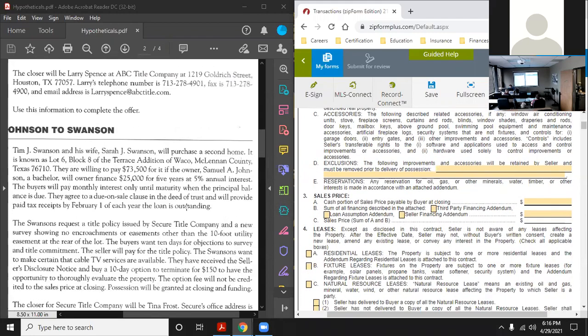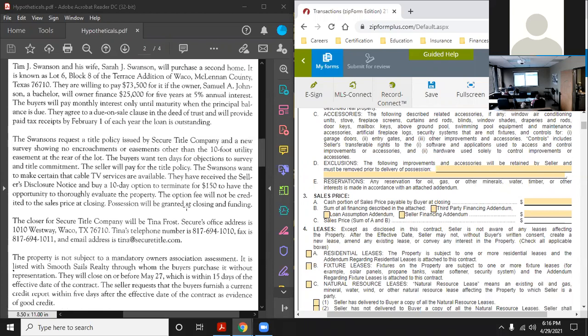All right. So there we have that. Accessories, exclusions. I don't believe there's anything in here that talks about that. And then we get to price. They're willing to pay $73,000 for it. If the owner, Samuel A. Johnson, a bachelor, will owner finance $25,000. So $25,000 here.